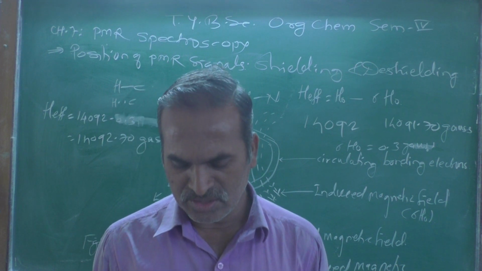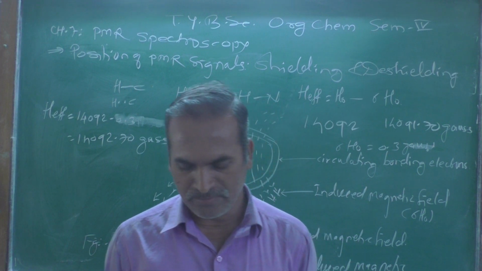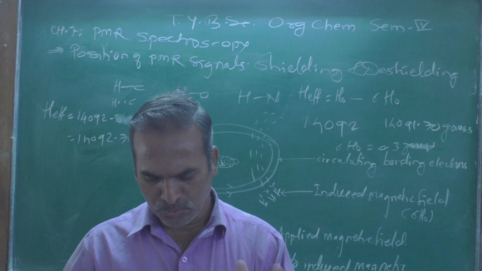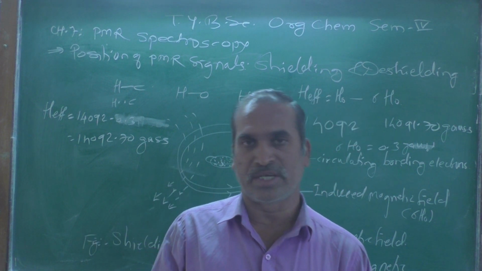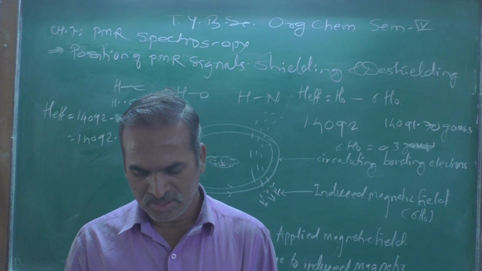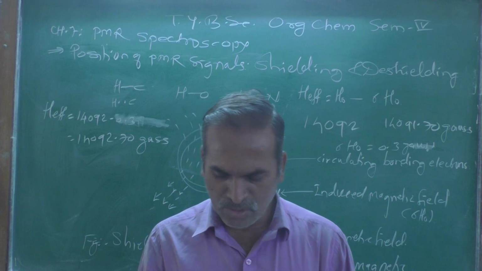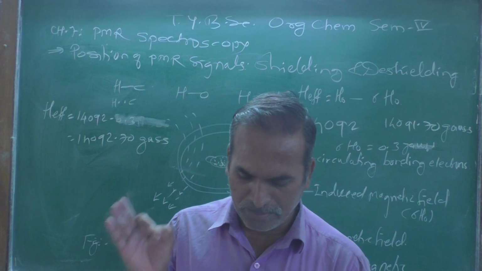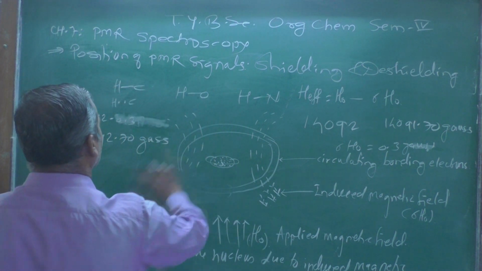The signal is obtained at up field or high field. Any group that will increase electron density around the proton will shield the nucleus, and that proton will require a higher applied magnetic field. That's a very important point.